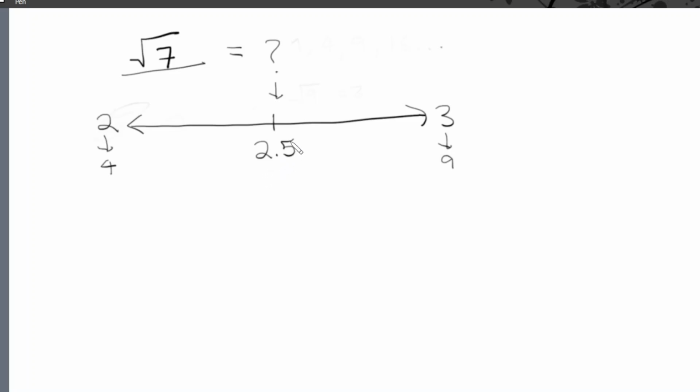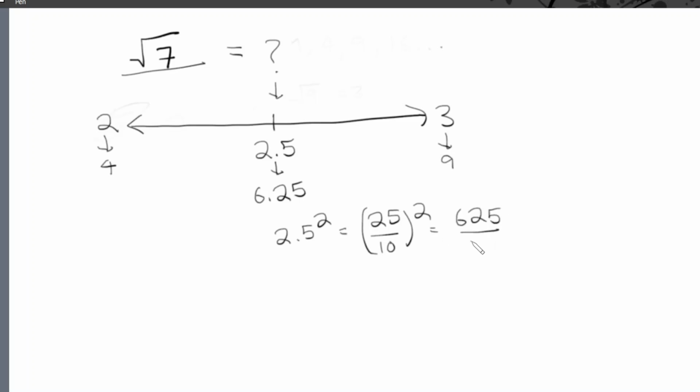And next you want to find what 2.5 squared is, which is just 6.25. If you don't have a calculator, there's two ways to compute this. The first is you could realize that 2.5 squared is just 25 over 10 squared, which is just 625 over 100.